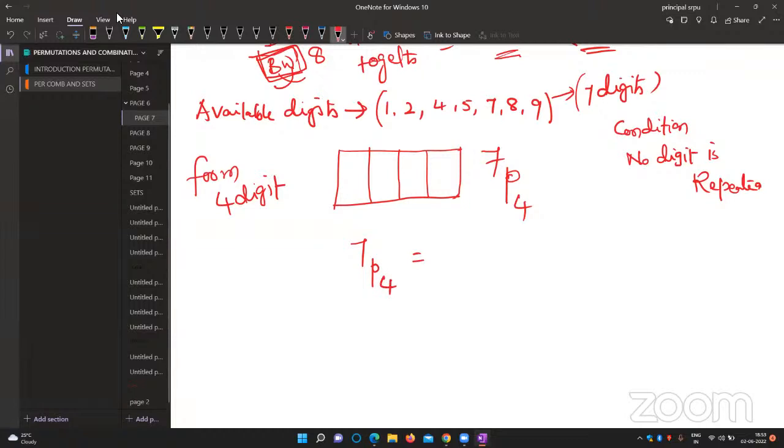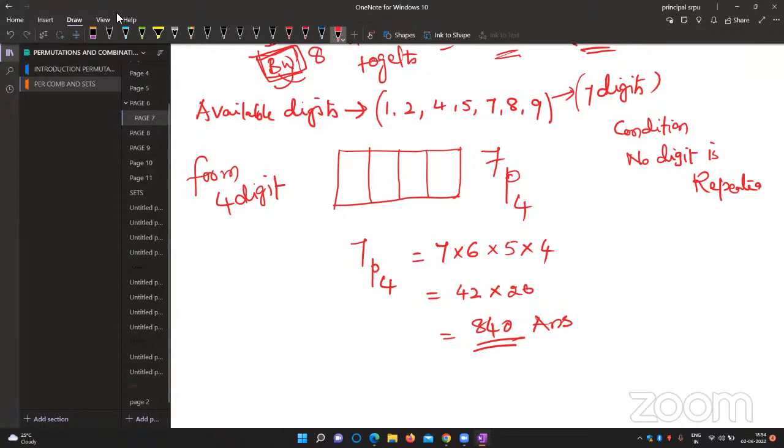So 7P4 is 7 into, reducing one number each time, 6 into 5 into 4, because the totally 4 factors should be visible: 1, 2, 3, 4. That is 7, 6, 42, into 5, 4 is 20, 42 twos are 84. That is 840, the final answer.